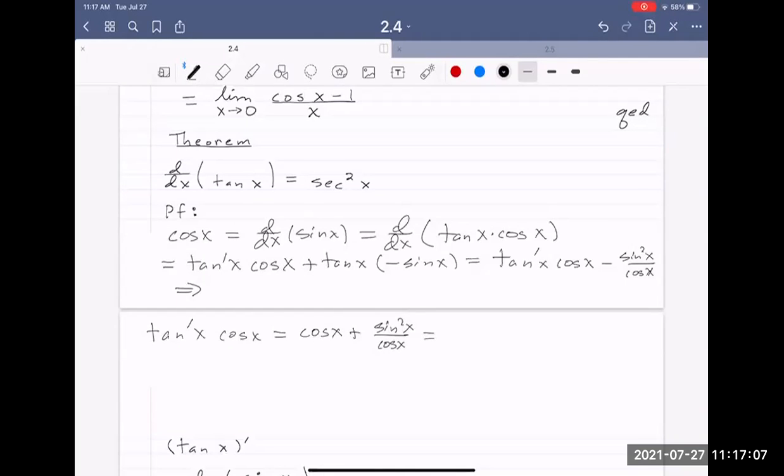Let's get a common denominator. Multiply and divide this by cosine x. So this is equal to cosine squared x over cosine x plus sine squared x over cosine x. But that's just 1 over cosine x, which is secant x.